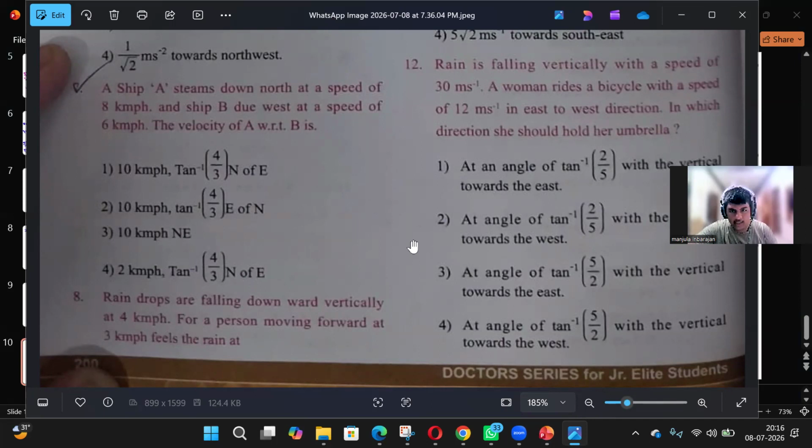Check: tan inverse of 5 by 2 towards the east. The 12th one is option 2. Check the answer. Redo it.